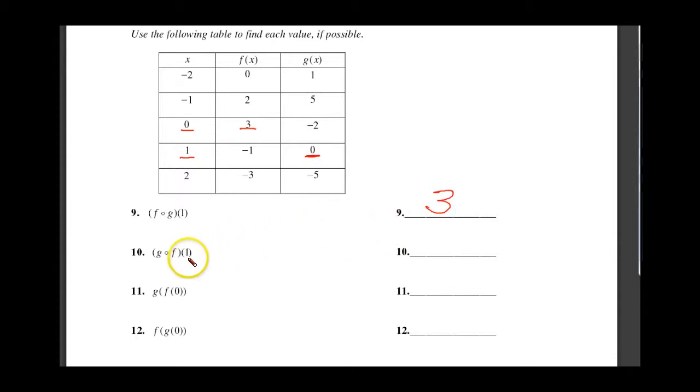Now let's look at this one. Again, we start at 1. But now, what do we have there for our f value? Our f value is negative 1. We go to negative 1 here, and what is our g value? It is 5. And we look at this next one, which is another way of showing this one, g composed of f.